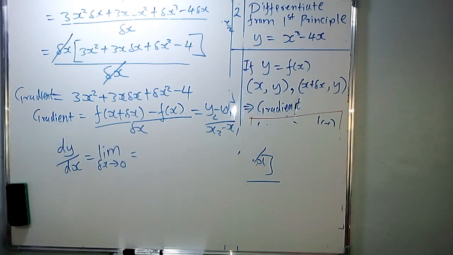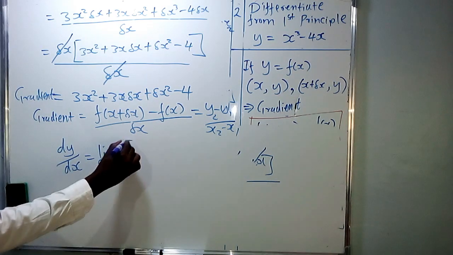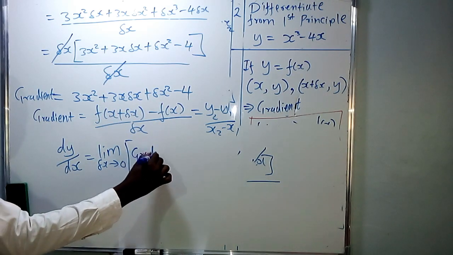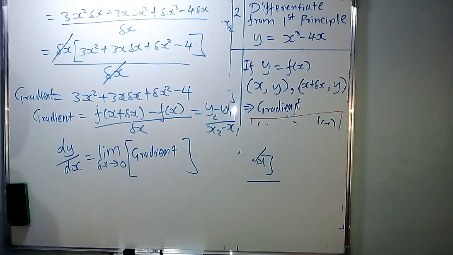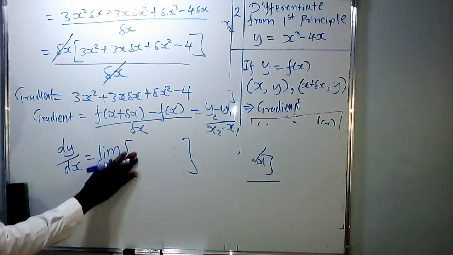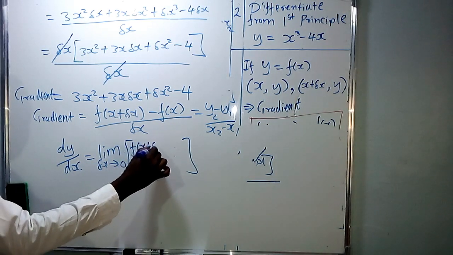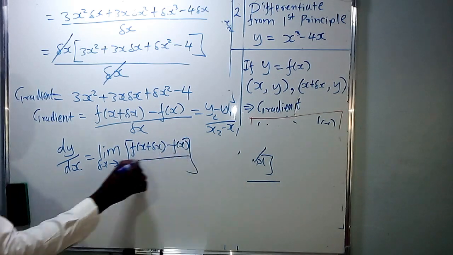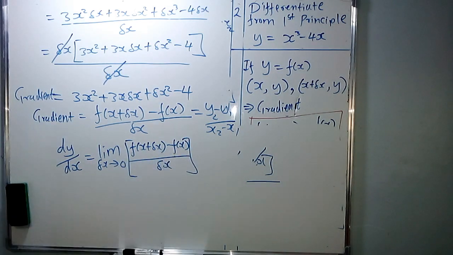Very neat, isn't it? So the derivative is the limit as change in x tends to 0 of the gradient. What is the gradient? Y2 is f of x plus change in x, y1 is f of x, then over x2 minus x1, which is change in x. So that is the formula for first principles.